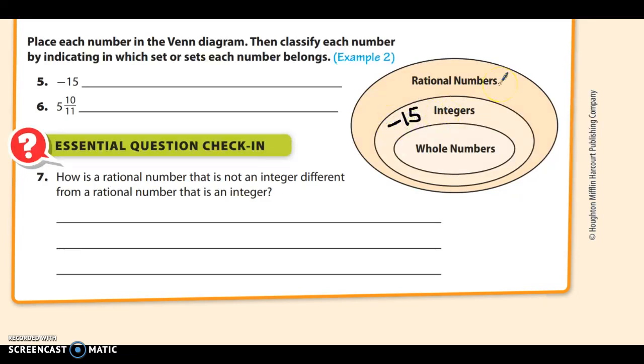So negative 15 belongs in the integer set, but since it's an integer, the integers circle is also inside the rational number circle, so integers and rational numbers. And 5 and 10 11ths, that's not a whole number, that's not an integer, that's a rational number. 5 and 10 11ths goes here. And that is in the set of rational numbers only.